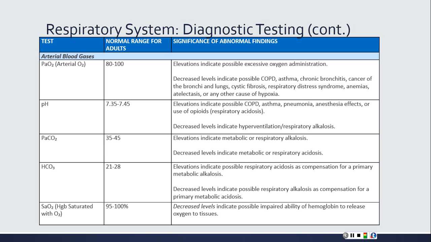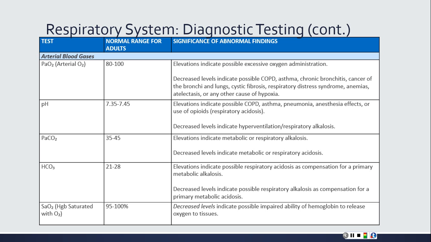The capillary pulse ox percentage can be a little lower, somewhat. We still like to see 95 to 100%, but the arterial blood definitely needs to be 95 to 100%. Decreased levels are going to indicate a possible impaired ability of the hemoglobin to release oxygen to the tissues.